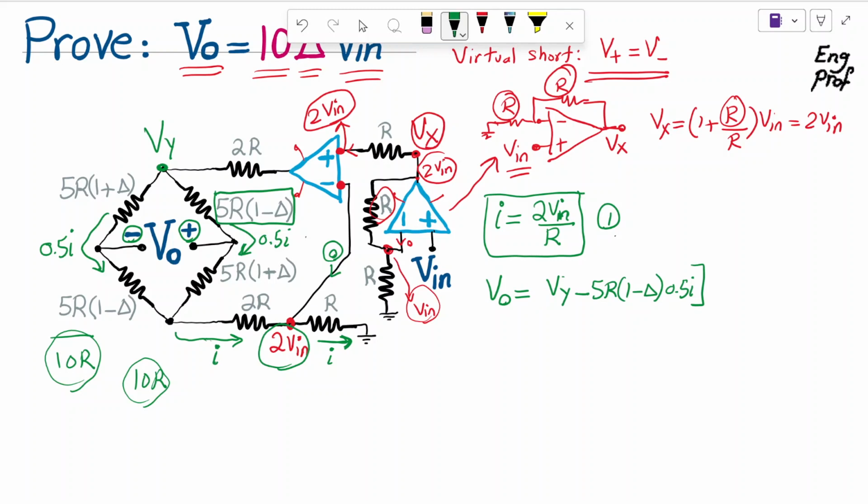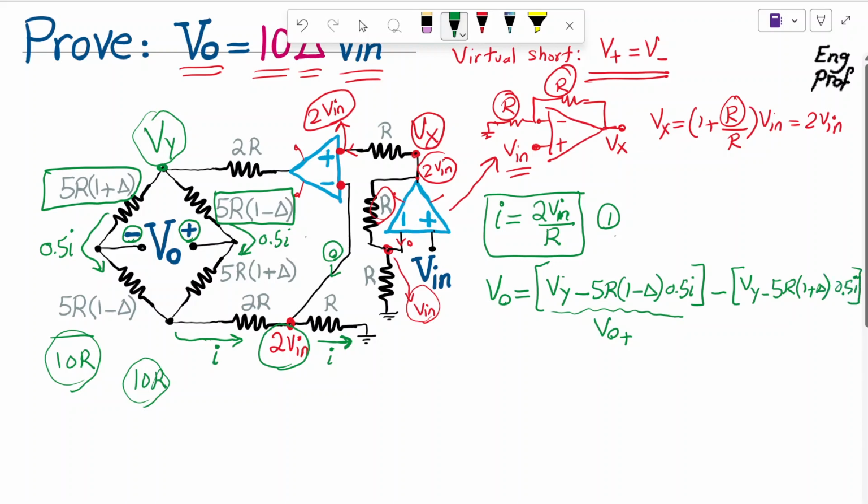So with this I get to the positive terminal of Vout. And then I need to subtract the negative. Again, that is Vy minus the voltage drop across this resistor, this time to get to the negative terminal of Vout. So it's going to be Vy minus 5R times 1 plus delta times 0.5I.